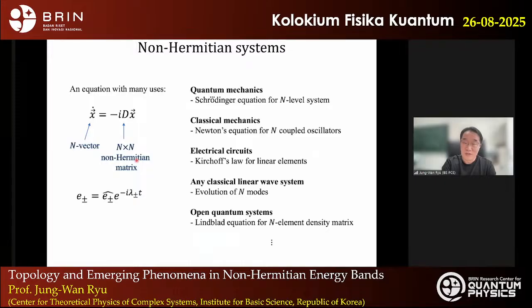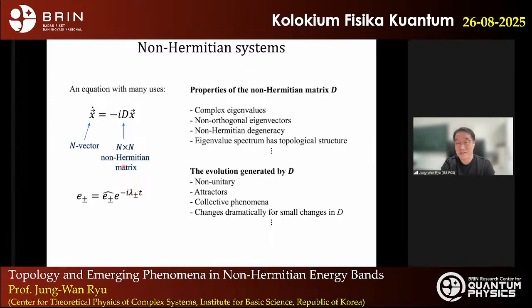So if we know the eigenvalues and eigenvectors of this non-Hermitian matrix, we can understand this linear equation. I mean the dynamics of this system. Of course, in conventional quantum mechanics, this is Hermitian. So in this talk, I would like to understand the eigenvalues and eigenstates of this non-Hermitian matrix.